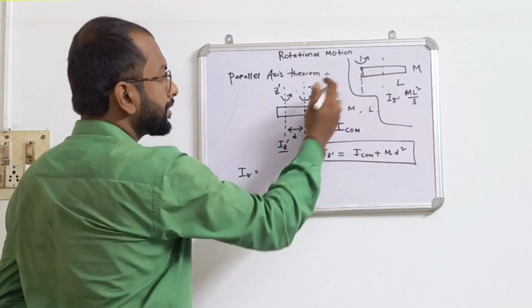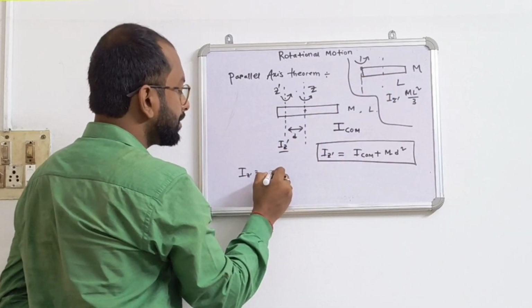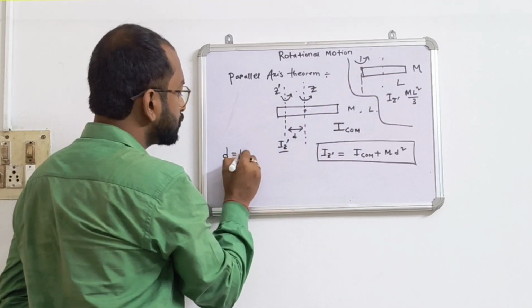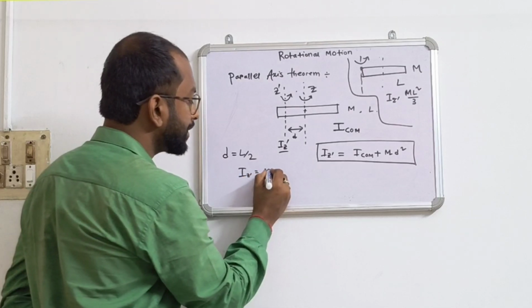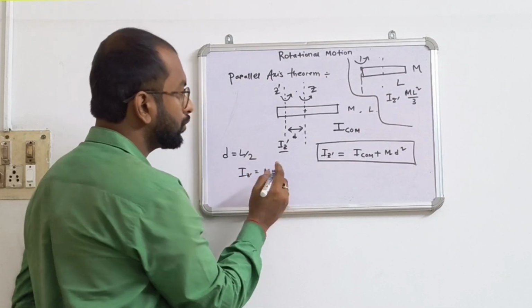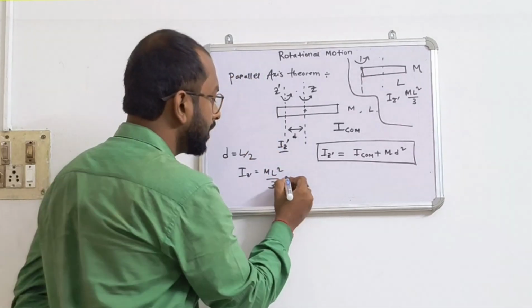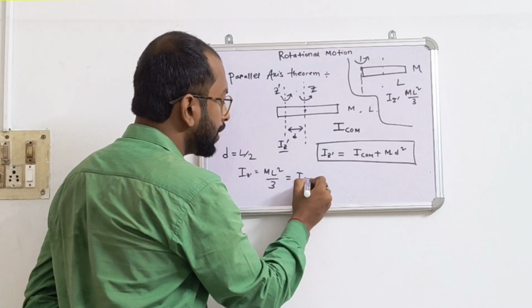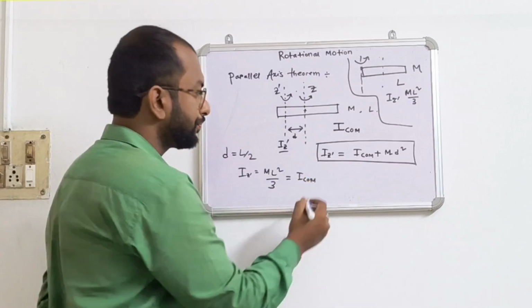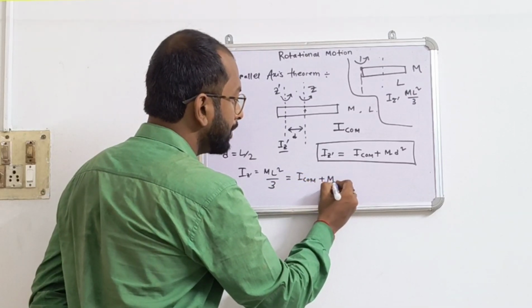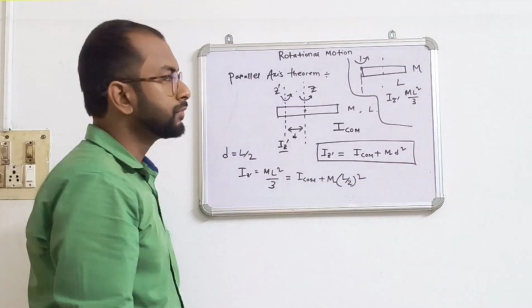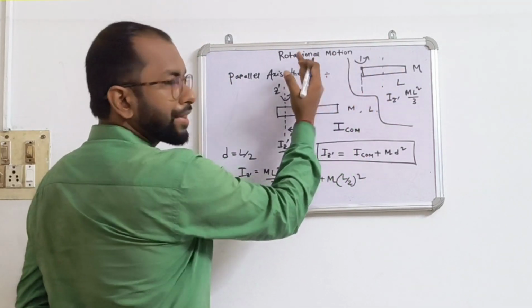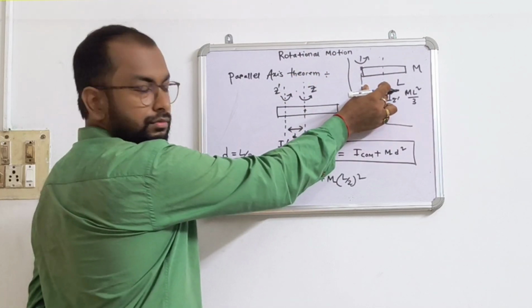Now in this case, d is L by 2, and Iz dash we know, that is m L square by 3 with respect to one extreme end axis, equals ICOM plus m into L by 2 square, because from the center of mass the axis is shifted by L by 2 amount.